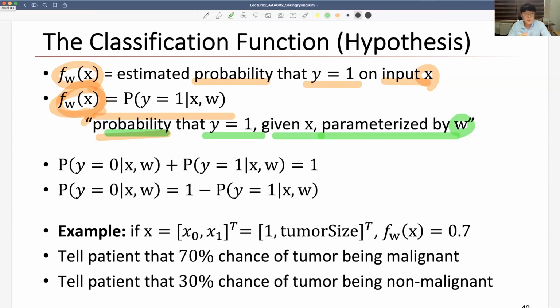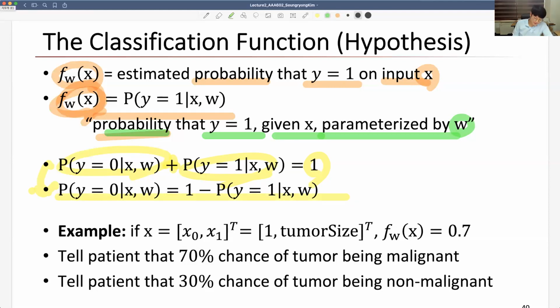For example, if you think about the two class classification problem, the sum of the probabilities should be 1, right? The probability of Y is equal to 0 and the probability of Y is equal to 1 should sum to 1.